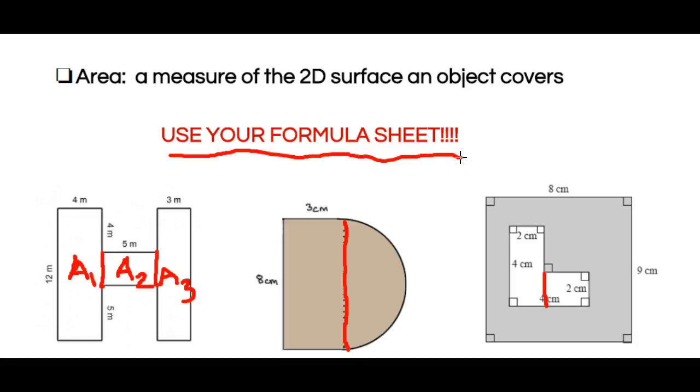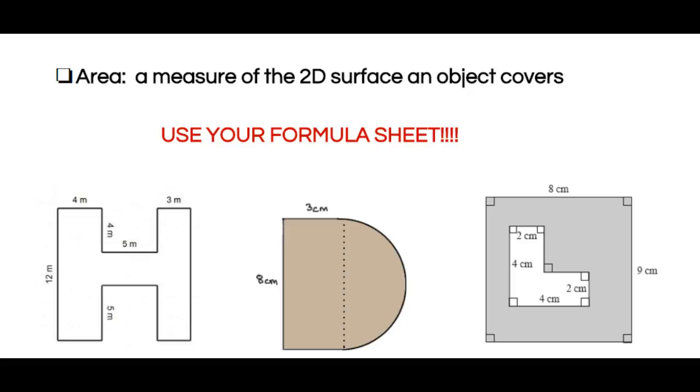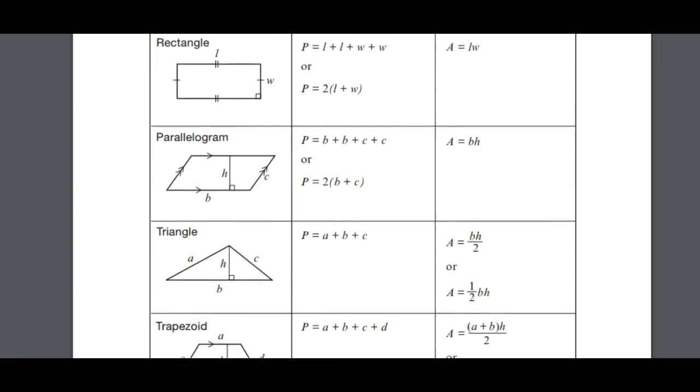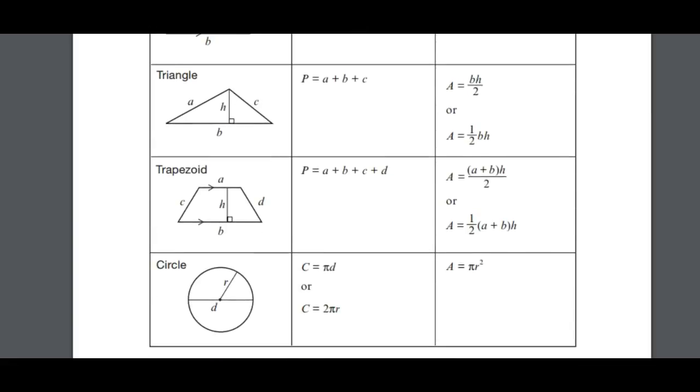I'm going to just switch to a document of that. You'll have this on your exam, so make use of it. Here's your grade 9 applied sheet. Make sure you read really carefully to see, are you looking at formulas for perimeter or for area? And they give you a whole bunch of different formulas to use. So like for instance, if I scroll down here, I have the area of a triangle, which you'll remember is a half base times height.